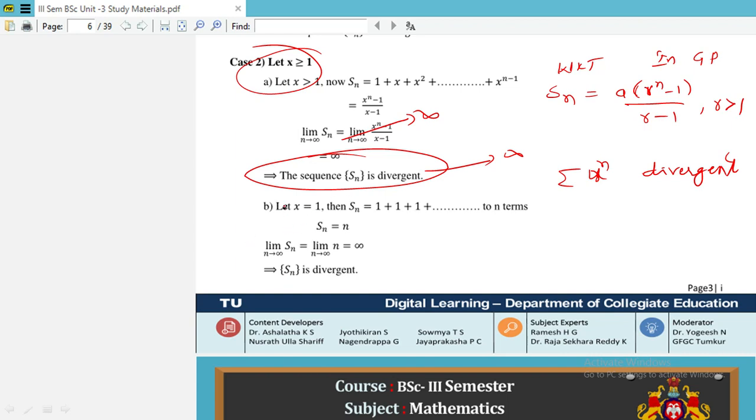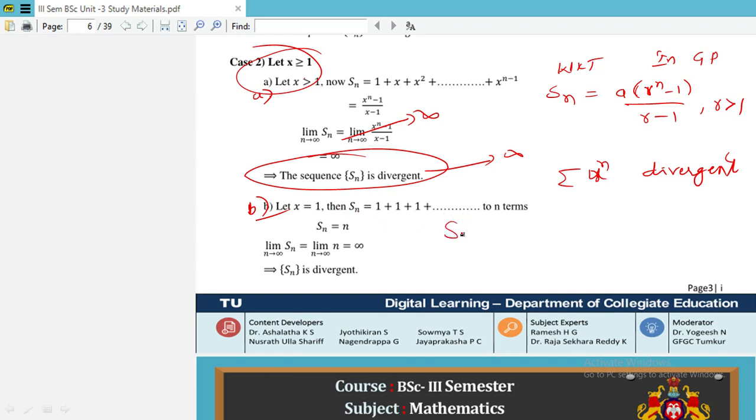Second case, here this is A and here second case B. In the first case, x greater than 1. Here, second case, x equal to 1.